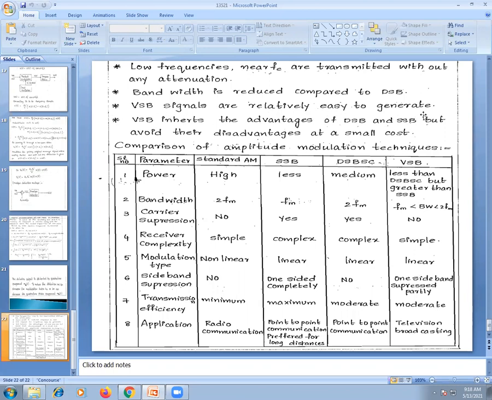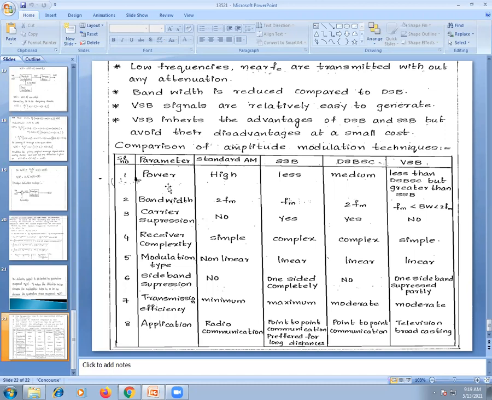VSB inherits the advantages of DSB and SSB, but avoids the disadvantages at some cost. So there are some comparisons. Please do the comparison first.